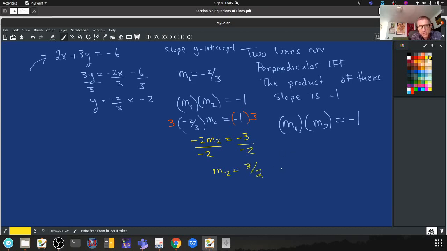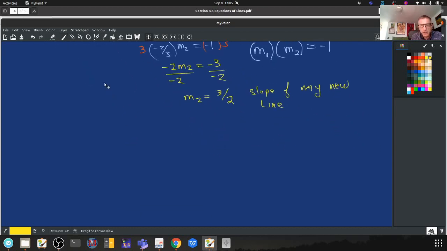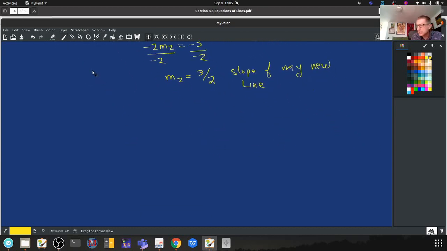And that is the slope of my new line. It says eventually we want the equation of the line in standard form. But let's go ahead and use point slope form first.